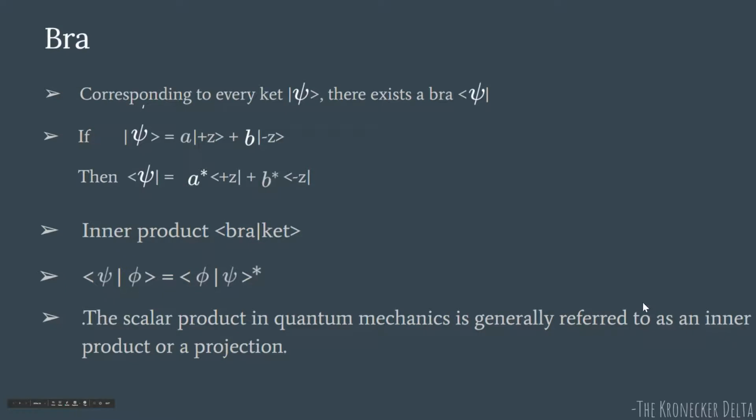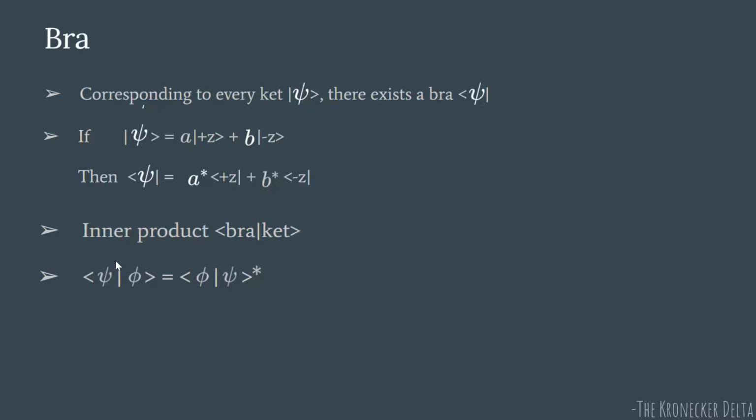Inner product is one term we are using, but why do we call it a projection? When I write the inner product of phi with psi, what I mean is the probability amplitude for this state phi to be found in this state psi. That is the projection of phi onto this state psi, like we did here.